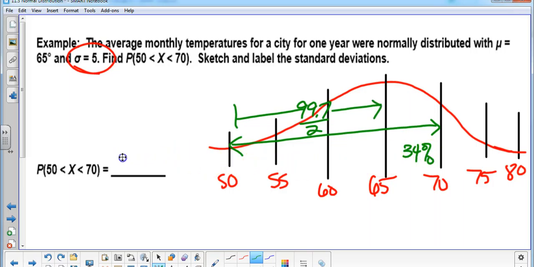So do you remember what it came out? 83.85, or roughly 84%, which would just be the bottom half plus this 34% is fine. So the average monthly temperature for this city falls between 50 and 70, 84% of the time.